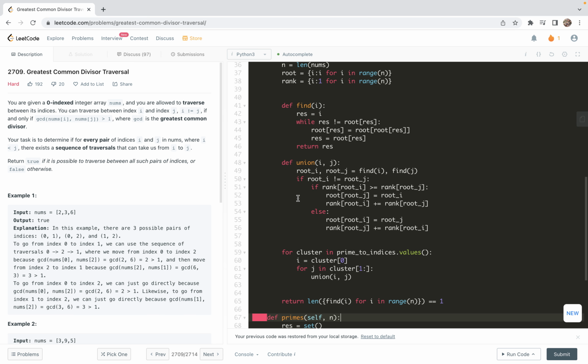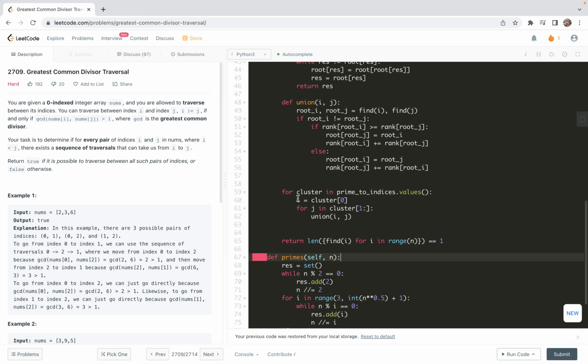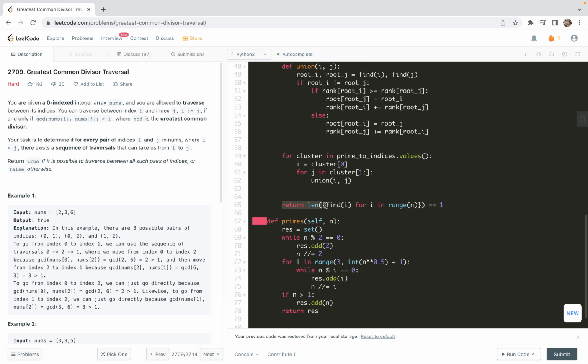So here, let me give a quick summary. In this problem, we used union find to address the logic. So there are basically several ingredients. The first one is that we need to be able to decompose a given integer into its prime factors. So this can be regarded as a preliminary or auxiliary function.